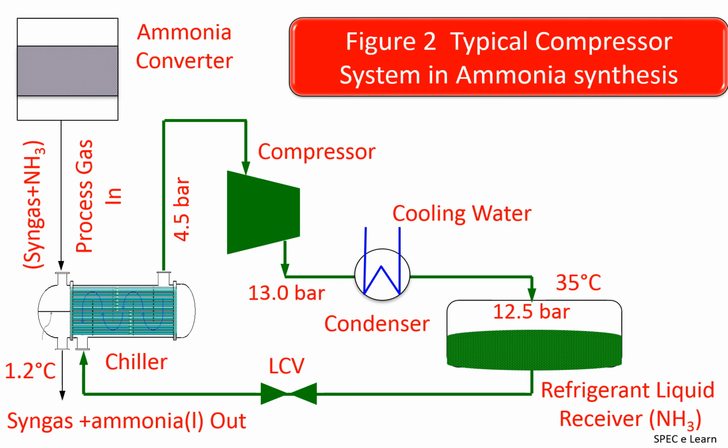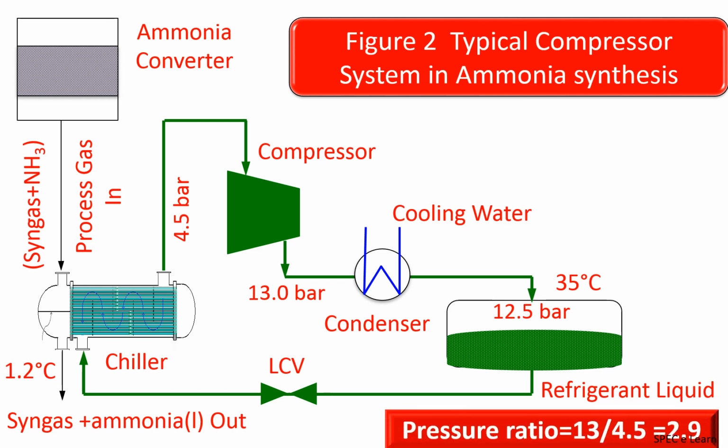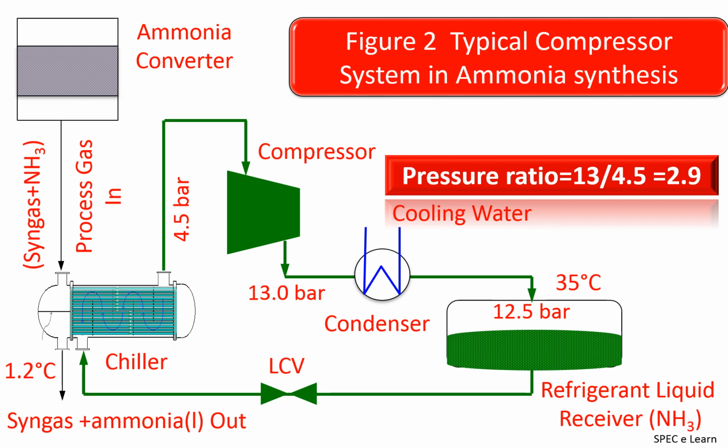In this system, the discharge pressure is not determined from the resistance to flow as in the previous example. The condenser pressure fixes the discharge pressure of the compressor. The pressure and temperature data shown here are only for illustration purposes, not the actual industrial data.